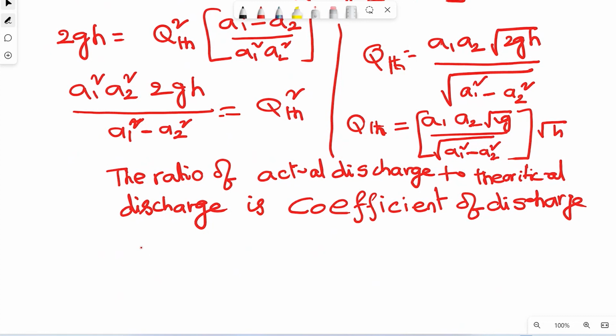Mathematically, we can write CD is equal to Q actual by Q theoretical.